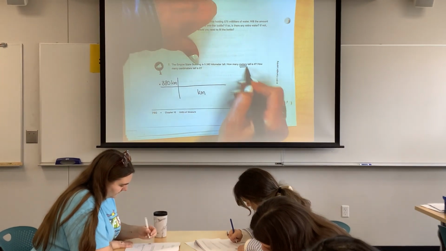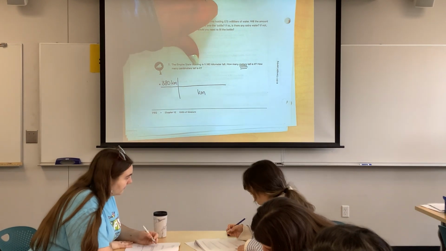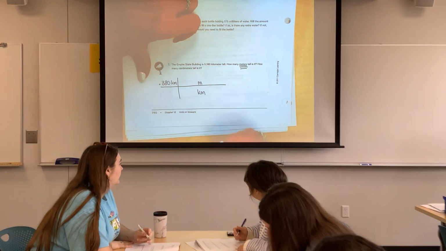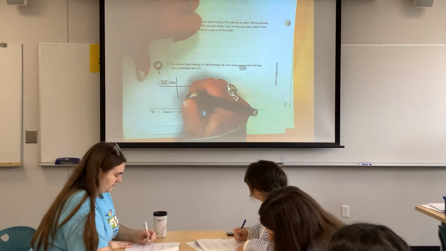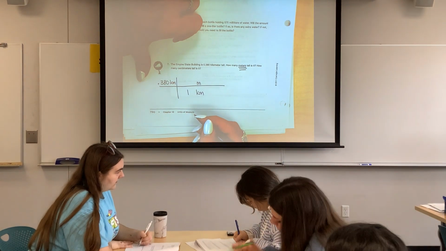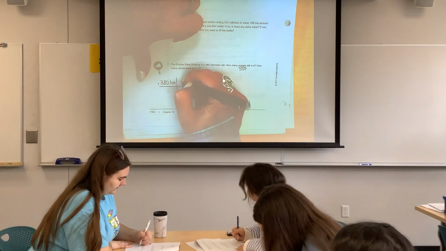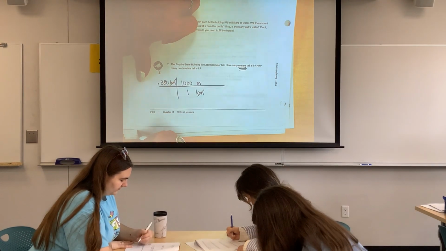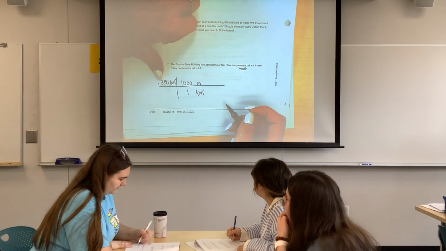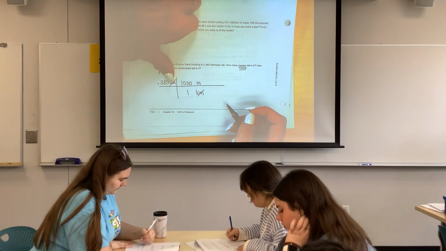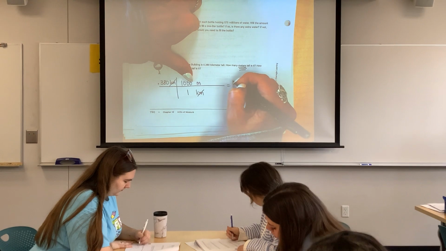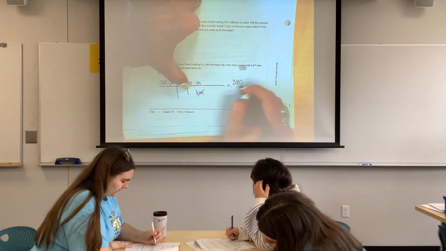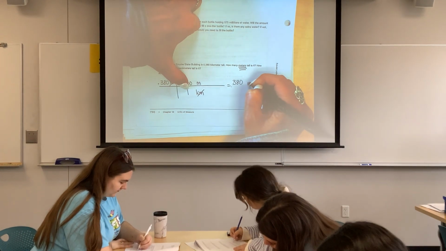Do I know how many meters are in a kilometer? I do, right? Which one's bigger, the kilometer or the meter? The kilometer. What does the prefix kilo mean? 1,000. So there's 1,000 meters in that kilometer. So if I cancel there, multiply across the top, 0.380 times 1,000 is what? 380. And 1 times 1 is just 1 in the denominator, meters.